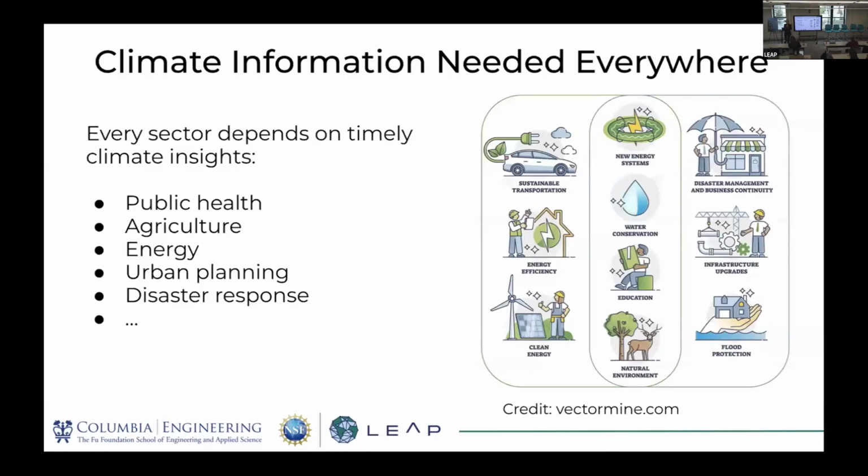So the motivation for this work is that we know high quality climate information is needed everywhere. People from public health, agriculture, energy, urban planning, disaster responses, all these sectors are looking for usable climate information. And I think by looking at the room, we can tell that this is definitely the case.